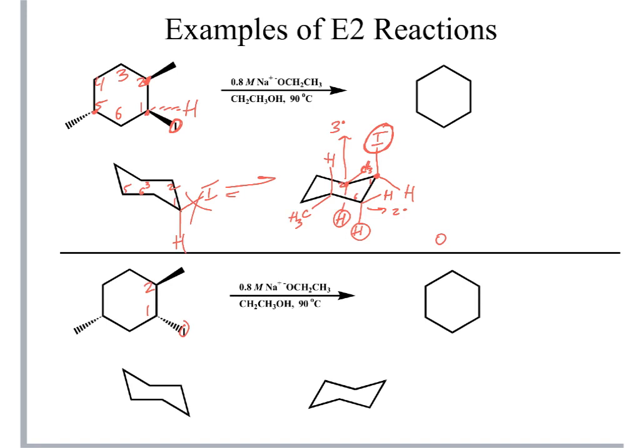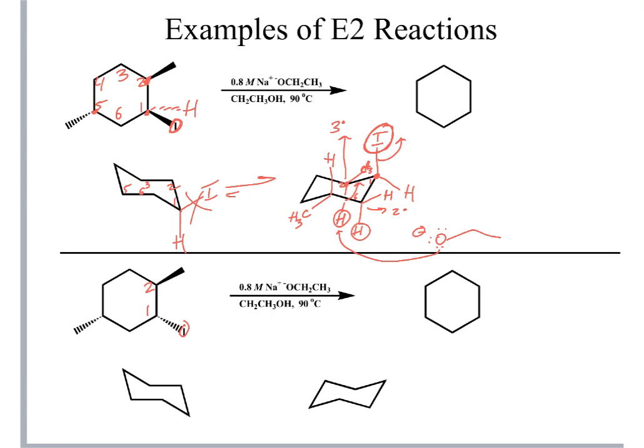My base alkoxide will abstract the more acidic tertiary hydrogen from the backside. Bond between alpha carbon and alpha hydrogen will break and collapse toward the incipient pi bond between carbons 1 and 2, and the leaving group will be expelled.